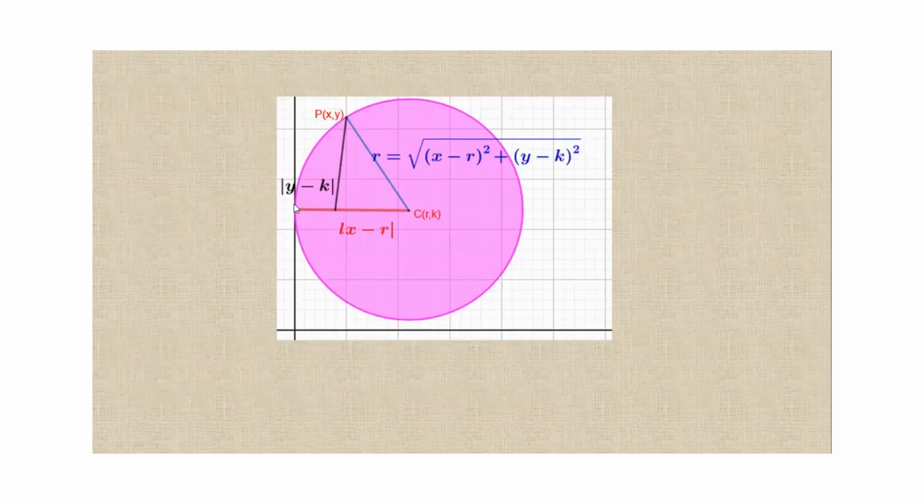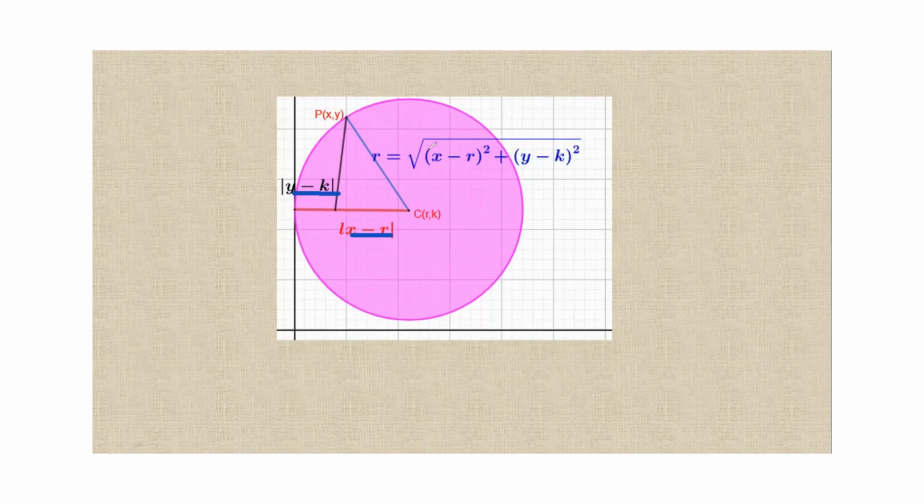The y-axis is tangent to this circle. The vertical line is y minus k, and the horizontal line is x minus h. There is a horizontal line, there is a vertical line.